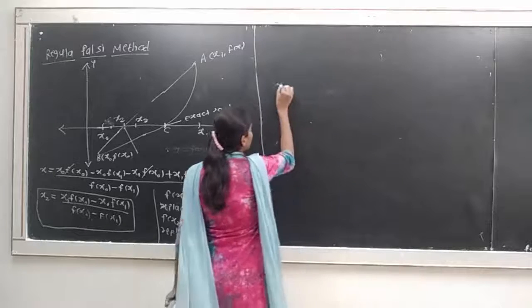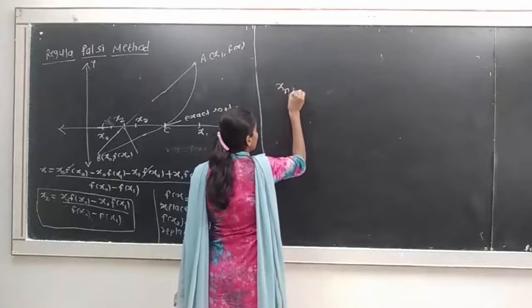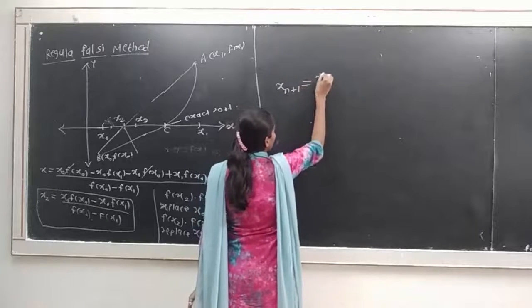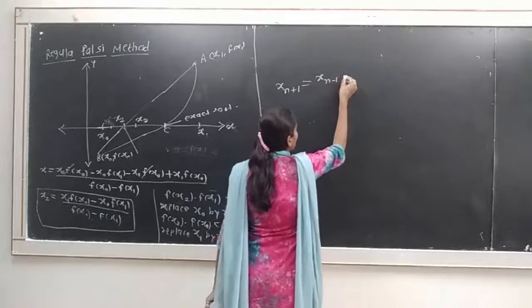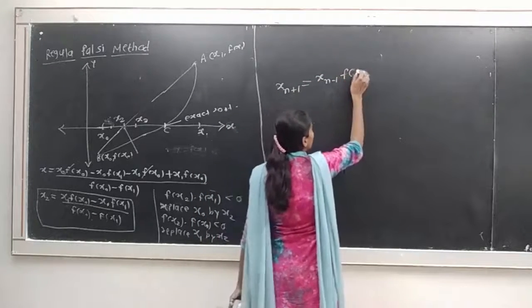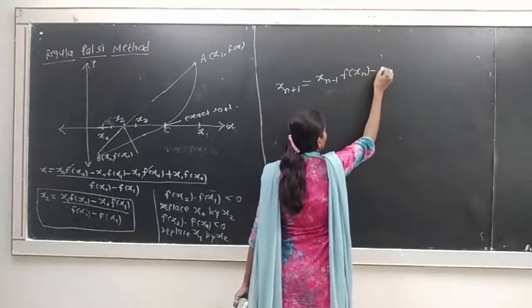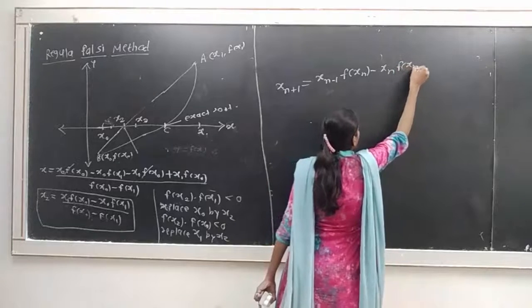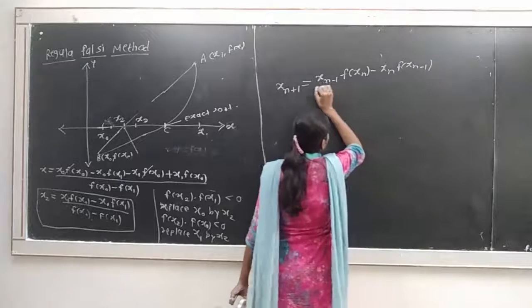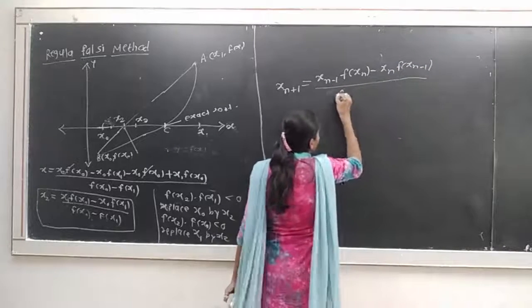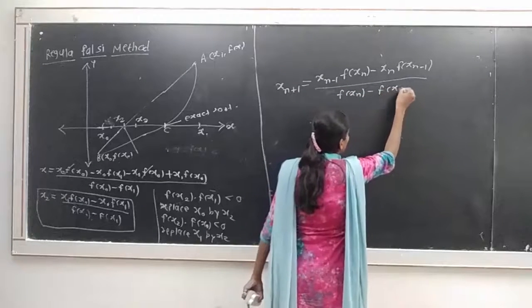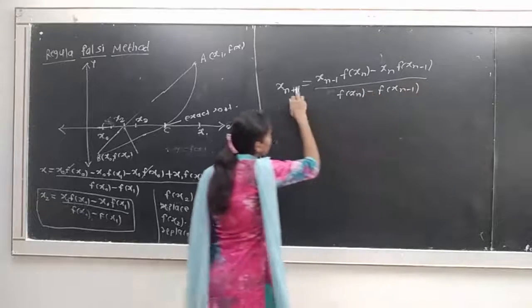General formula is xn plus 1 is equal to xn minus 1 into f of xn minus xn into f of xn minus 1 divided by f of xn minus f of xn minus 1.